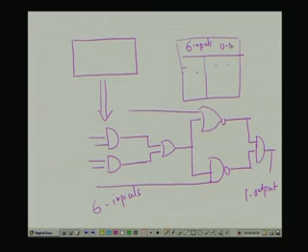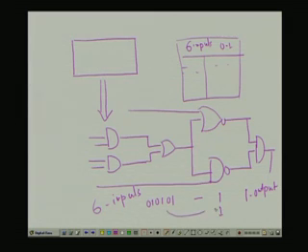Now, if I change some of this, still the behavior is the same. That means, for the same input I am getting the same output. Say my input is 0 1 0 1 0 1, and I am getting 1 as the output. Now, even if I change some of the gates, still I am getting a 1.